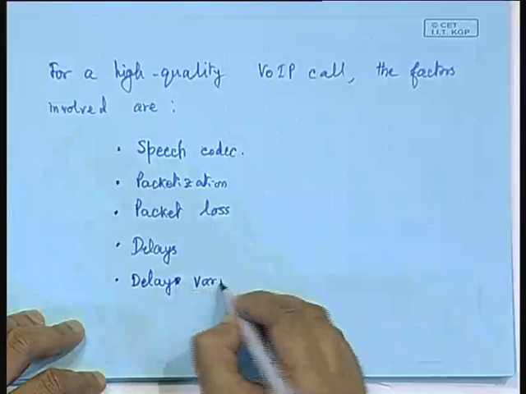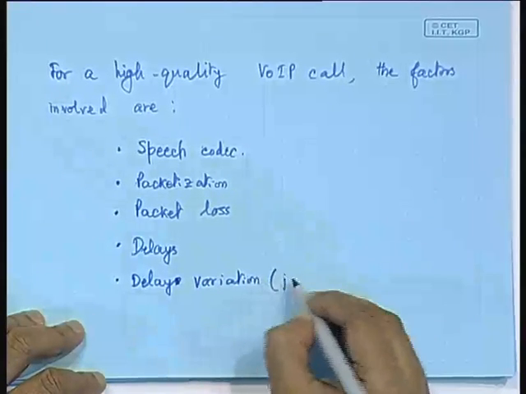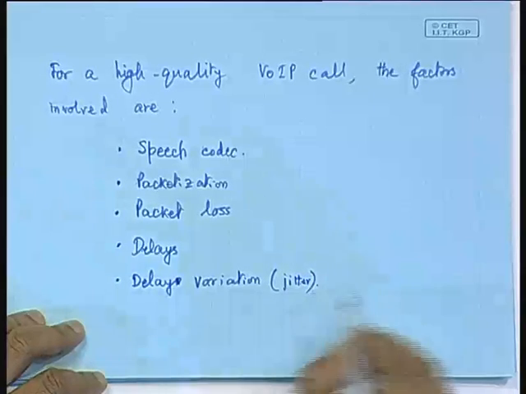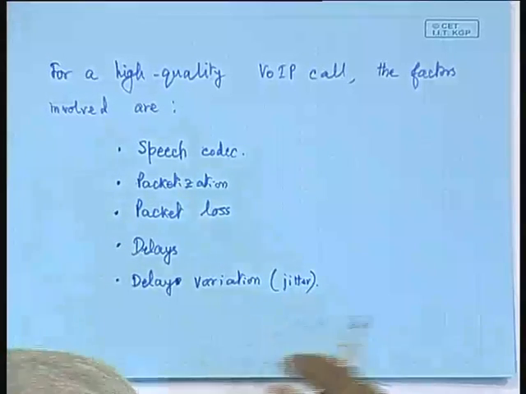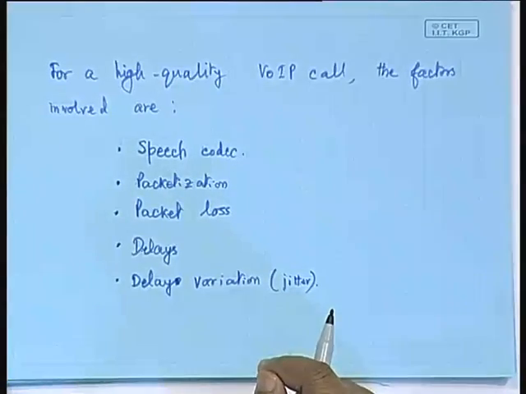Because of delay jitter, at one time the delay is less, at another time the delay is more, and in order to have a constant delay you have to use a buffer. So, you have to account for this delay jitter and make use of the delay buffer. And the buffer should be designed so that you do not have an overflow of the buffer. If you have an overflow of the buffer, that again results in packet loss.